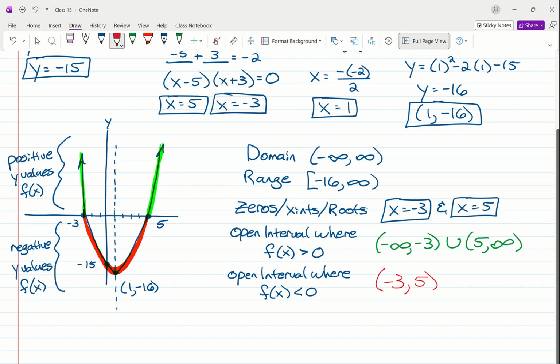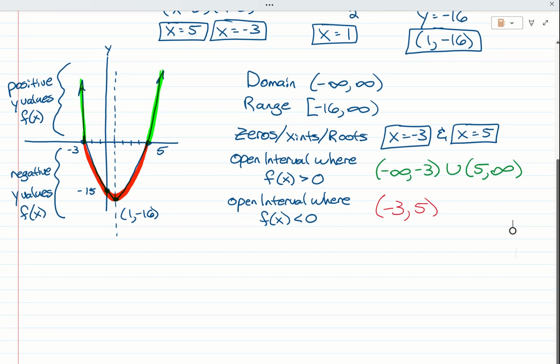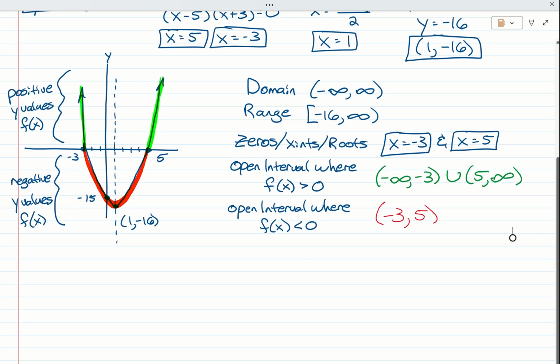Okay. Next thing I wanted to talk about are what are called inflection points. Inflection points are where the graph changes from increasing to decreasing. So when we're talking about increasing, let's write it down over here.